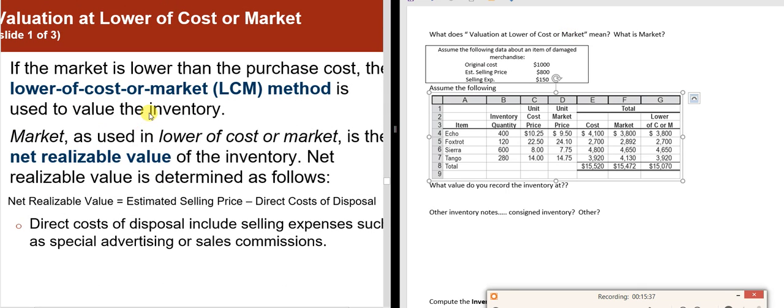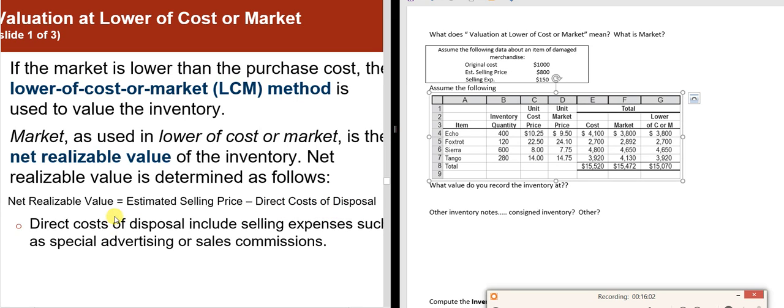In this case, lower of cost or market is the net realizable value. The net realizable value is the selling price minus direct cost of disposal. For instance, if I wanted to get rid of some of last year's inventory, but I had to advertise to get people to come here, that's a direct cost of disposal.